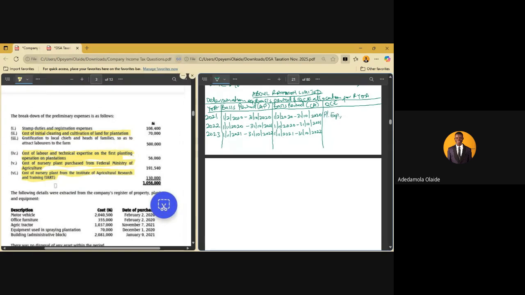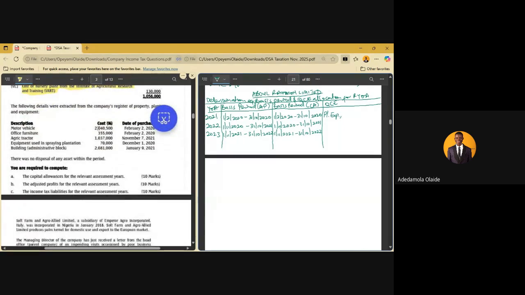Then we proceed further. We have other things. February 2, 2020, motor vehicle. It will fall under 2021 year of assessment because that's where the date falls. February 2, 2020, office furniture, still in the same 2021 year of assessment. Agri tractor, November 7, 2021, that will fall into the third year.